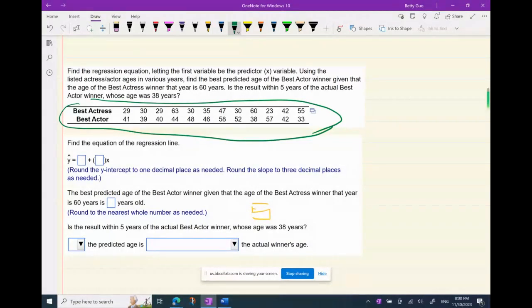Best actor age, 41. Okay. This time I double check after I enter both lists. I can just glance at both values for each pair.